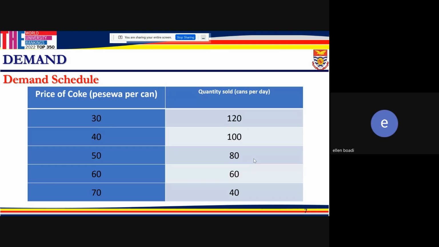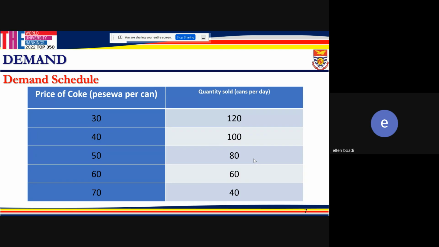When you present the relationship between price and quantity like this in the form of a table, so we say a tabular representation of the relationship that exists between price of a commodity and quantity demanded of a commodity, we call it a demand schedule.